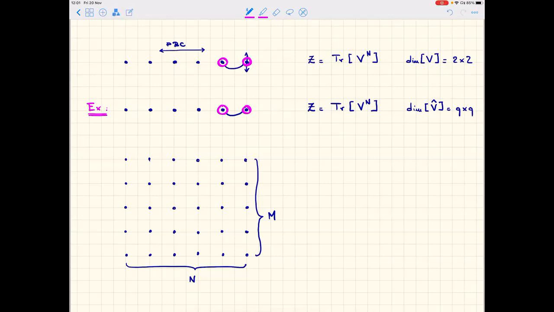Now, in this case, the transfer matrix is going to be an object that connects configurations of different rows, or different columns, in this two-dimensional lattice. Okay?